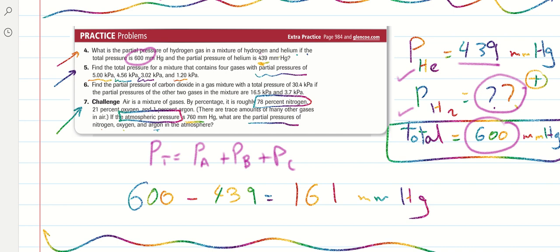You will simply subtract the helium from the total. So 600 minus 439, and you get the result. Of course, the result should be in the same unit. Here you will not convert. You're going to use the same unit, which is millimeter mercury, because it is millimeter mercury in the question.